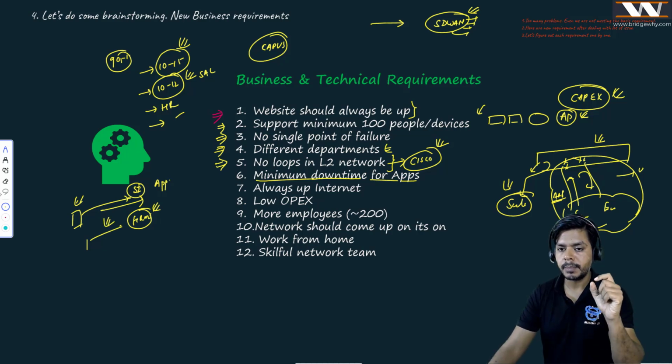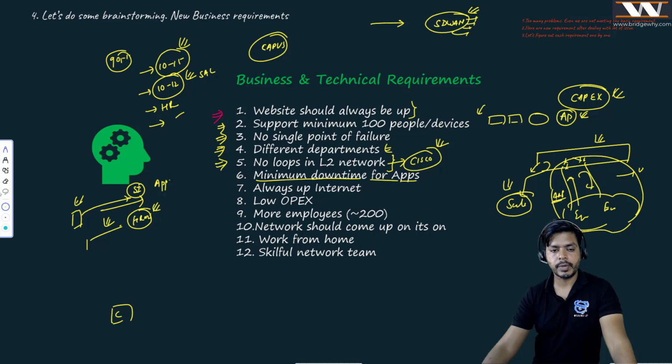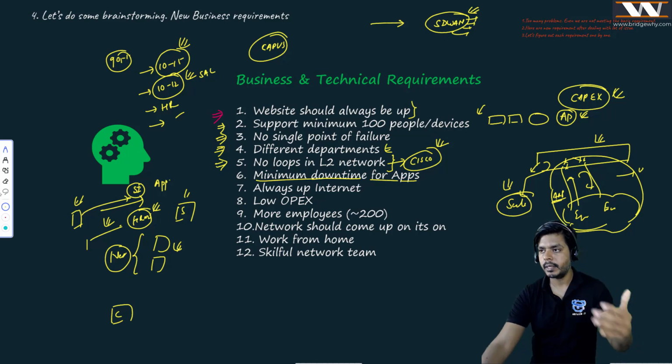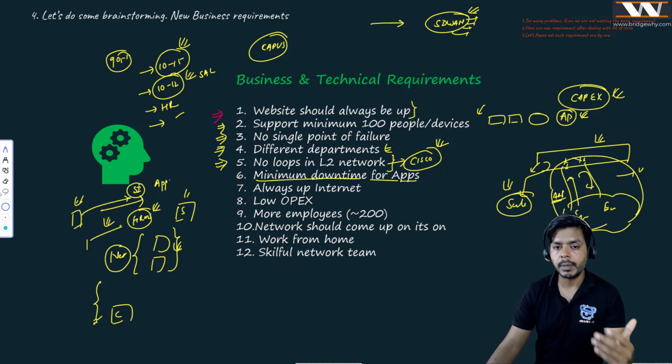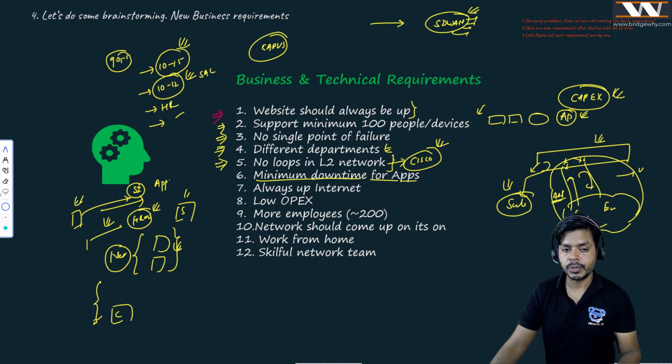Every application has some requirement. If this is a network application, meaning you have a client somewhere and a server or application running somewhere, then there is an infrastructure in the middle, which is your network infrastructure, and it is going to add some delay. Every application has some requirement with respect to delay, with respect to jitter, with respect to packet loss, right? And that is what we are talking about. This application should always be up and running because your network should support its minimum requirements so that these applications do not go down.